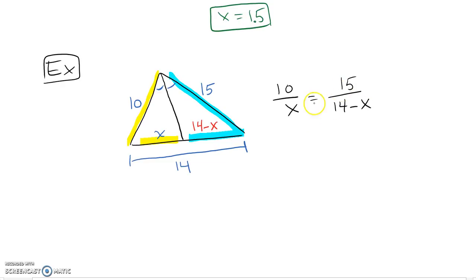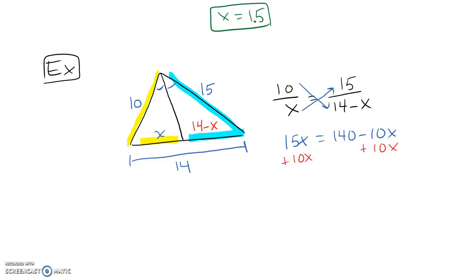So getting my extremes, 15x equals 140 minus 10x. Do make sure the 10 is distributed to both items. So I add 10x to both sides. That gives me 25x equals 140.